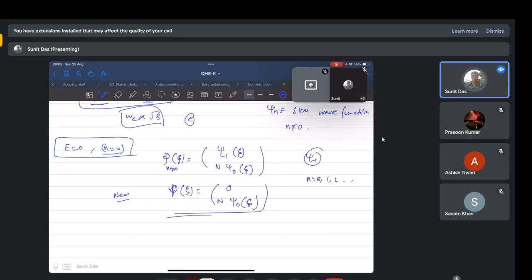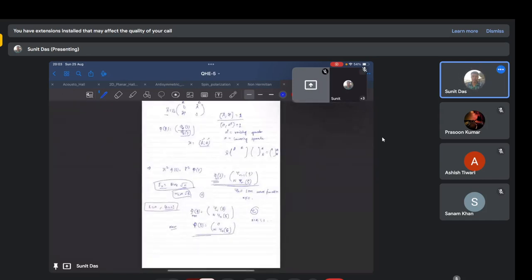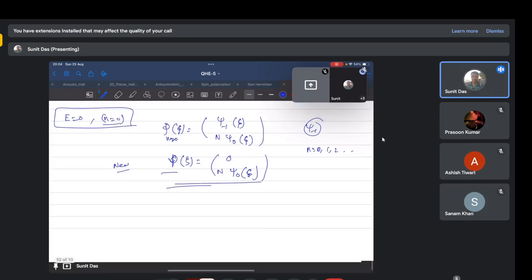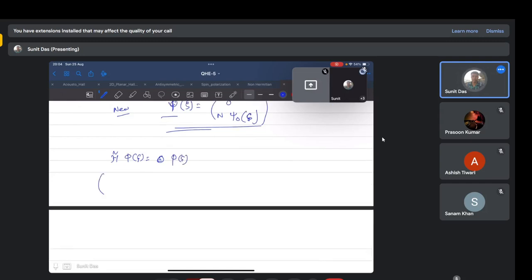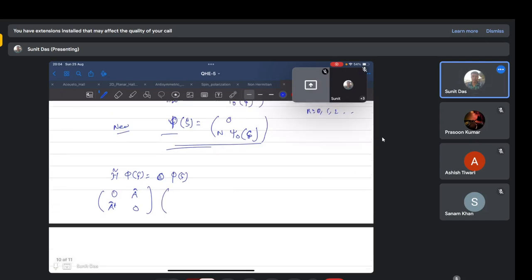So what you see from this expression, if you take this kind of phi of xi, is that h tilde of phi of xi will be energy, which is already 0 for our zeroth state, times 0, a dagger, 0.